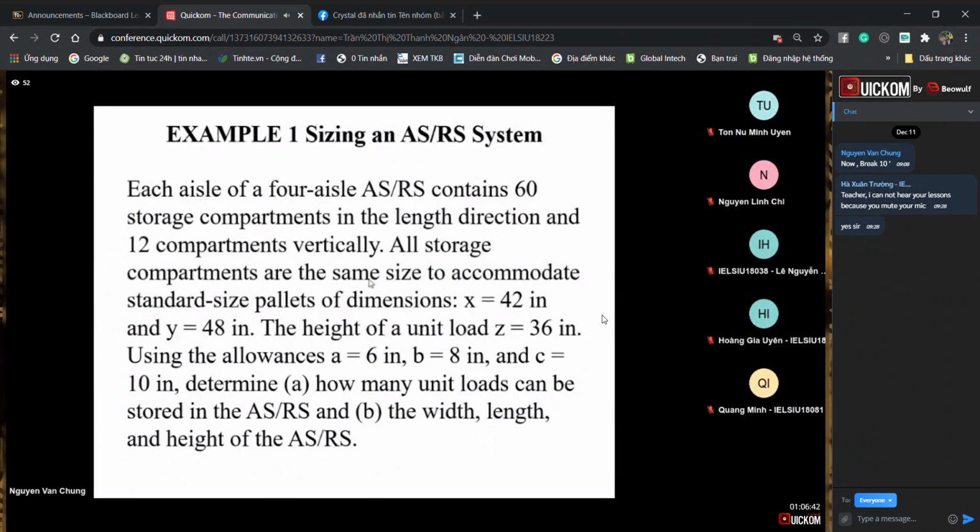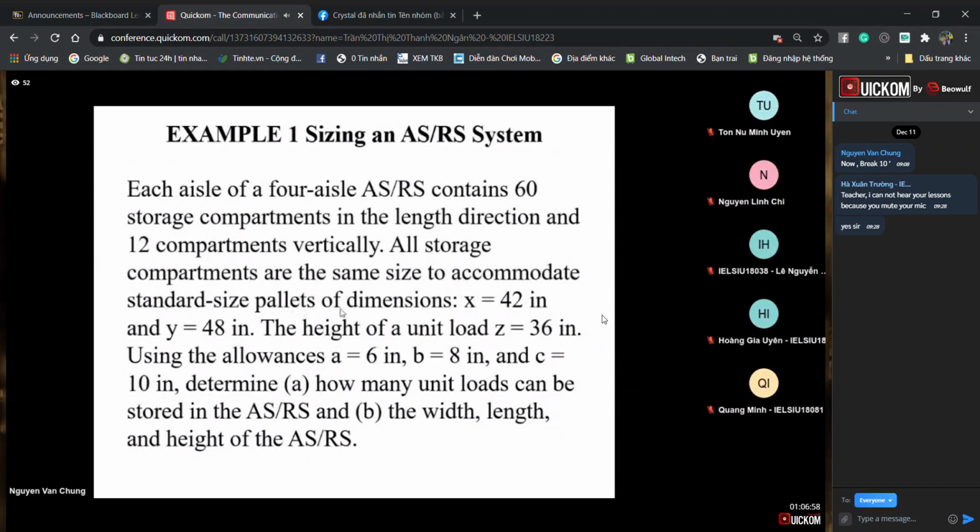The storage compartments are all the same size, to accommodate the standard size pallet.